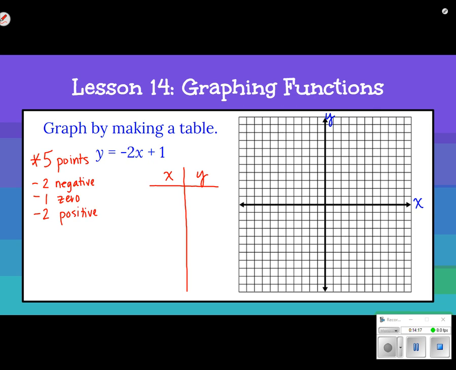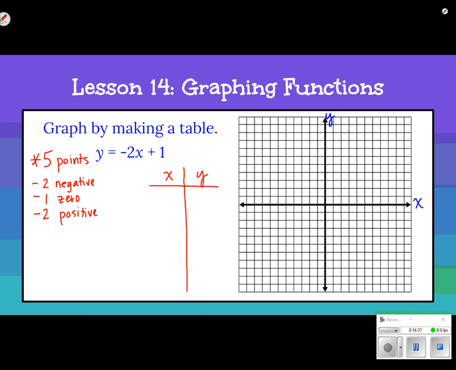Okay, so because I am just doing all of these examples, when I get to where it's like, oh, you can choose whatever you want, I'm still going to have to be choosing. But it's something that you do have the freedom to do. But I want you to do 2 negative numbers, 0, and 2 positive numbers.